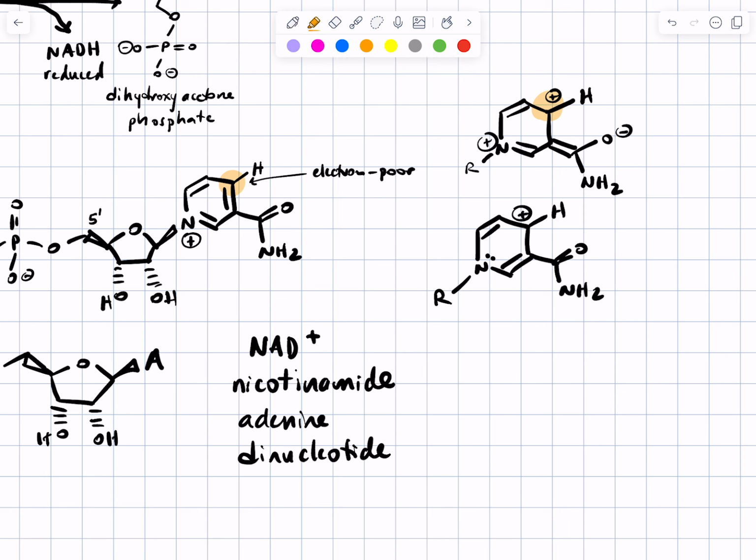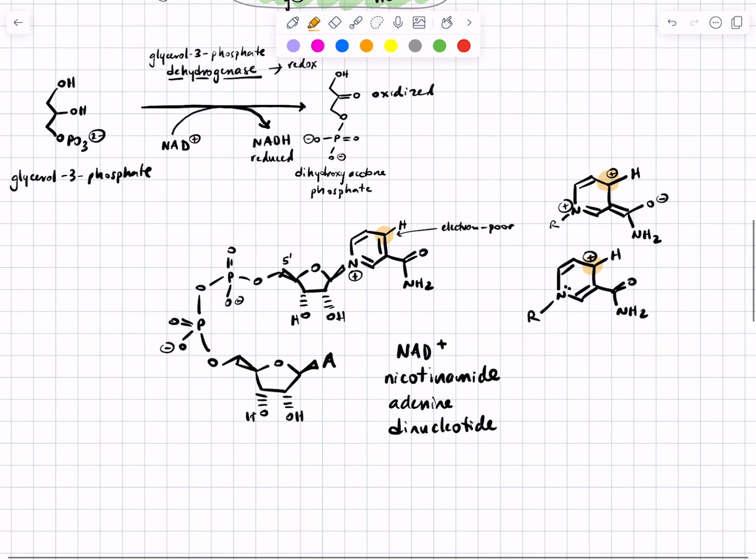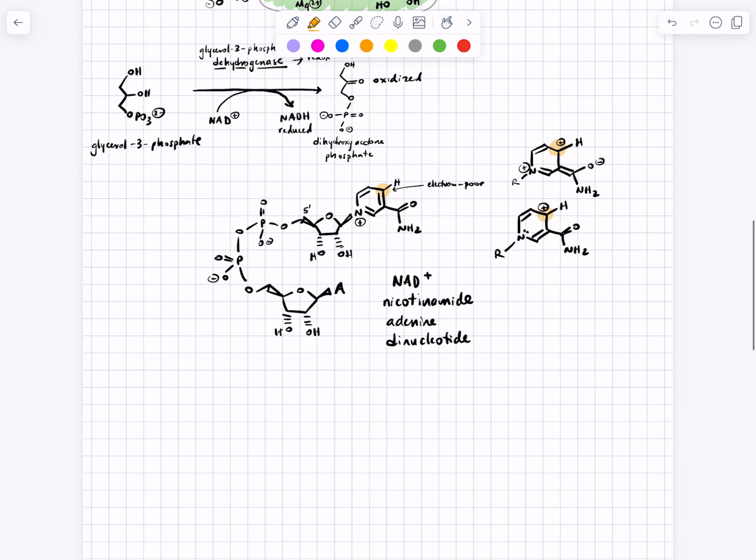So we've identified 2 resonance structures where that carbon that's sort of para to the nitrogen is electron poor. And so NAD+ is a good electrophile, and that carbon is a good acceptor of electrons, or a good acceptor of a nucleophile. So let me show you what's going to happen in this mechanism.